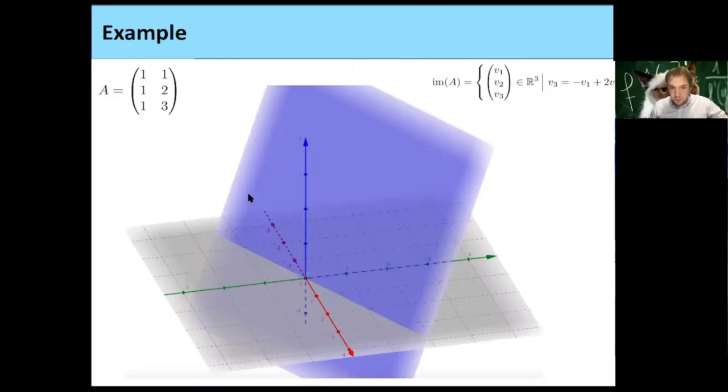And if we now, for example, want to solve the equation A theta equals, let's say, 3, 0, 0, where is 3, 0, 0? Here it's 1, 2, 3, 0, 0. So here is the vector 3, 0, 0. This is clearly not on this blue plane, and therefore this has no solutions.